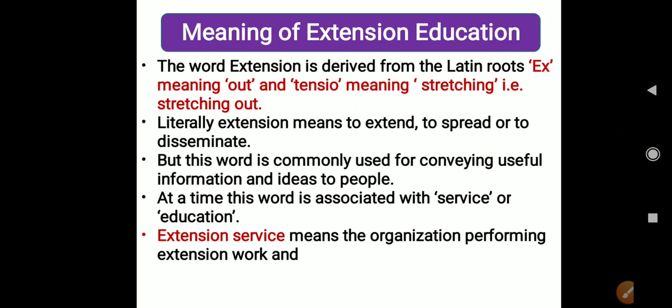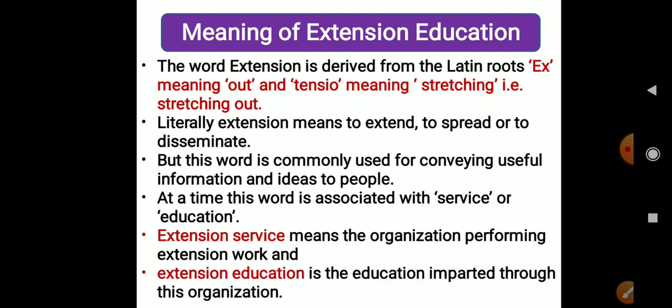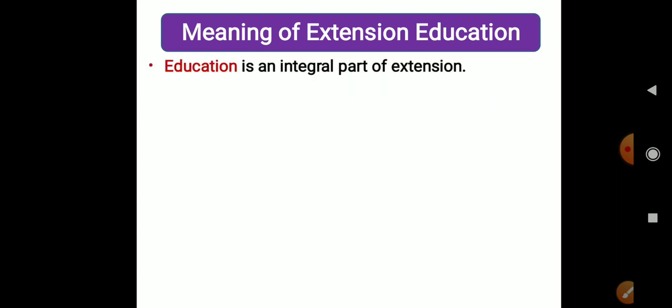Mostly the word extension is found associated with service or education. Extension service means the organization performing extension work, and extension education means that if education is imparted through the organization, then we can say that it is extension education.